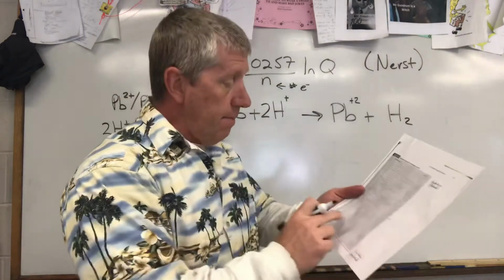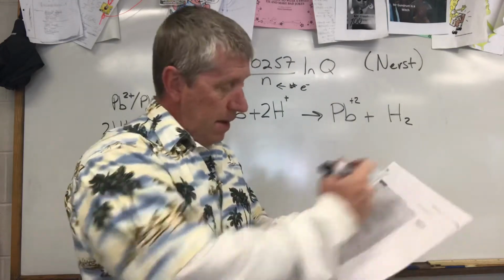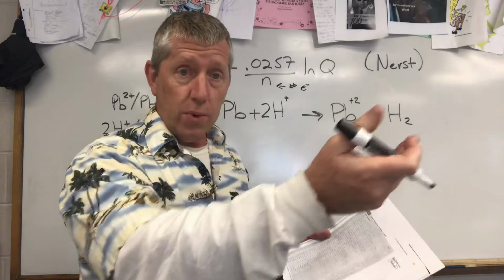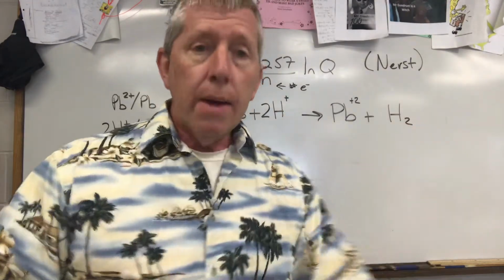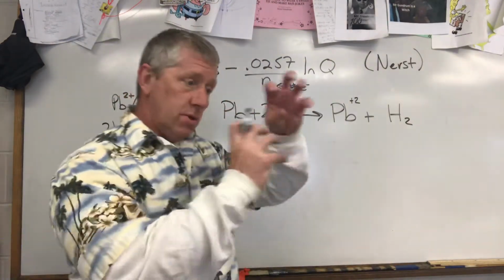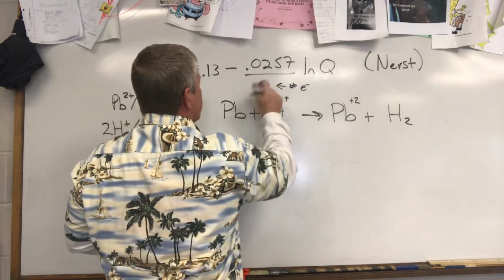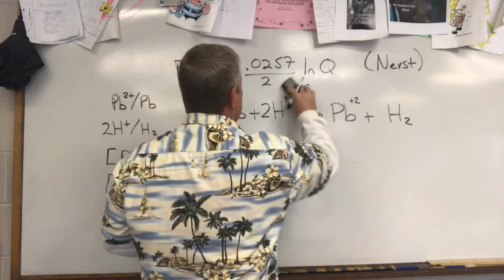The vast majority of these are going to be a 2. Most of them are based on 2 electrons shifting back and forth between the oxidized and the reduced. So when in doubt, choose 2. But it is 2 because it says so right there: the hydrogen has 2 electrons and the lead has 2 electrons. So 2 goes right here for this reaction.